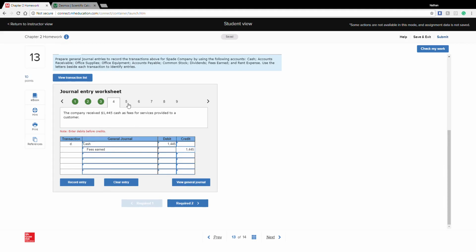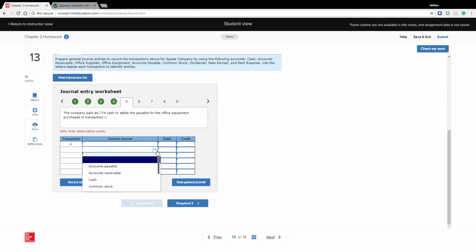Boom. 5. Company paid 6,774 cash to settle the payable for the office equipment. Notice it's purchase and transaction C. So we did pay out cash. So we know cash is going down. Since this was part of our liability, we must do accounts payable.